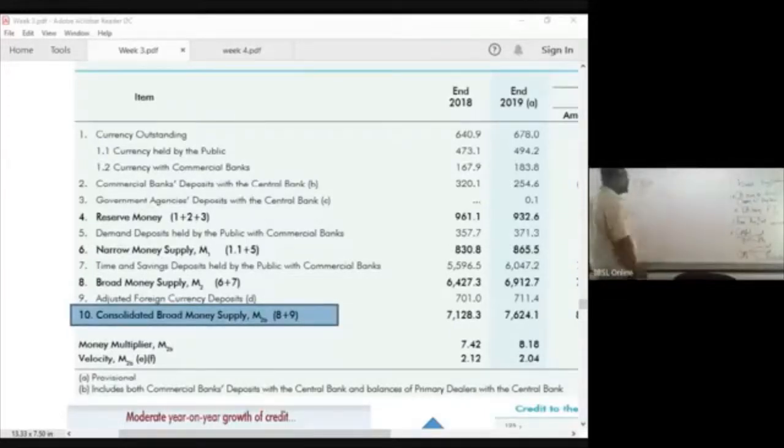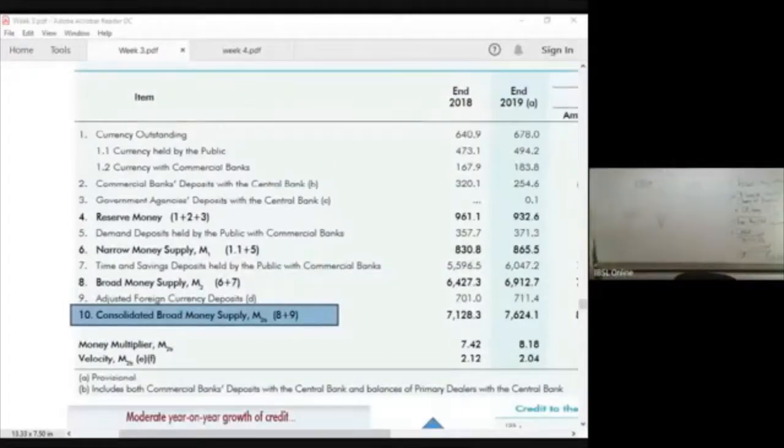Multiplier, we already know how to calculate it. Broad money divided by what? Reserve money. Right? You already know it because we have discussed that in a number of places. Then the velocity, V. Velocity is the speed of money circulation.